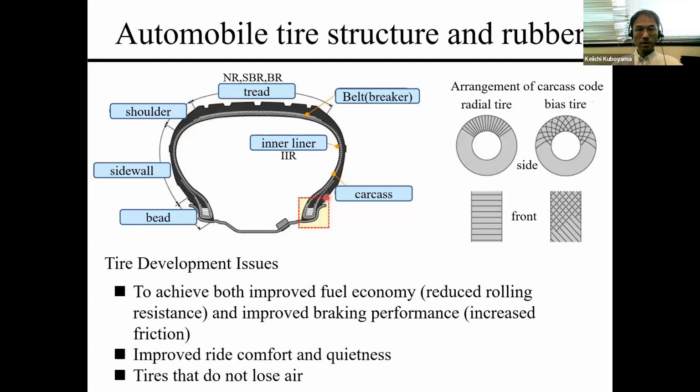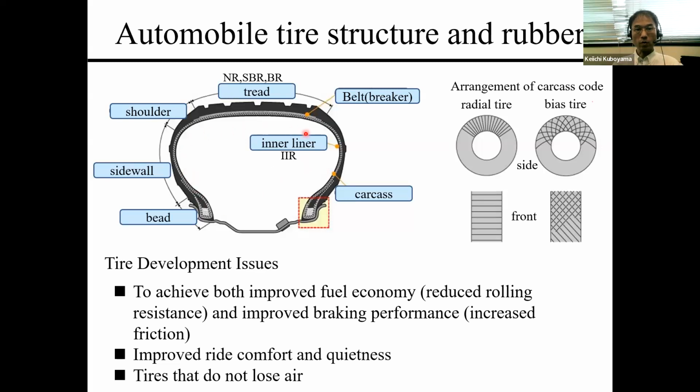And in this tire, rubber is also used inside of the tire. This one is called the inner liner. Normally, IIR, also called butyl rubber, is used in the inner liner.